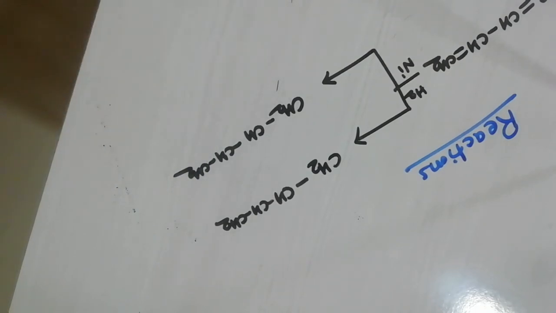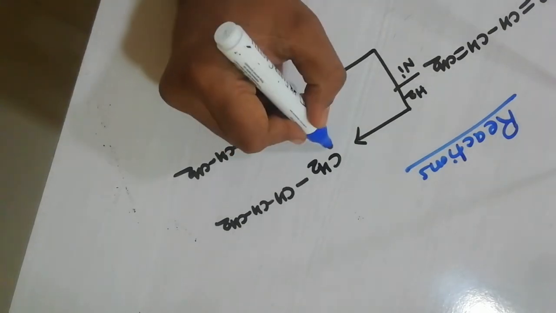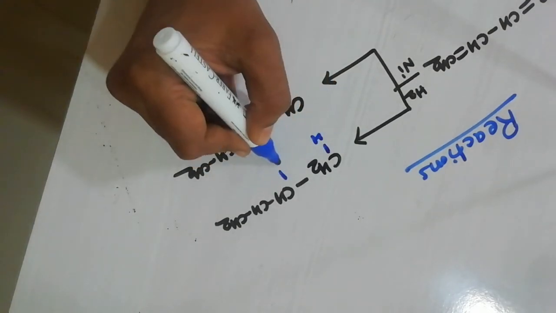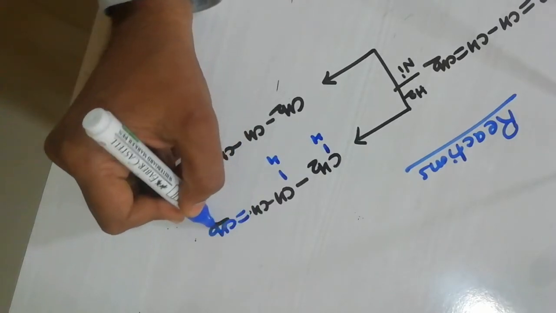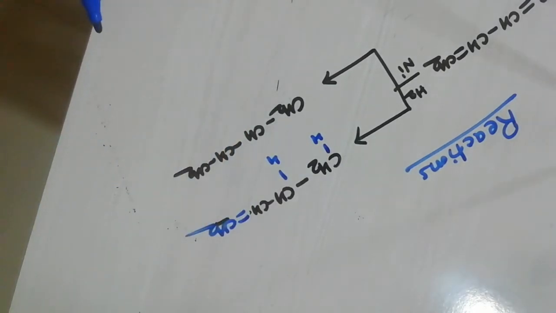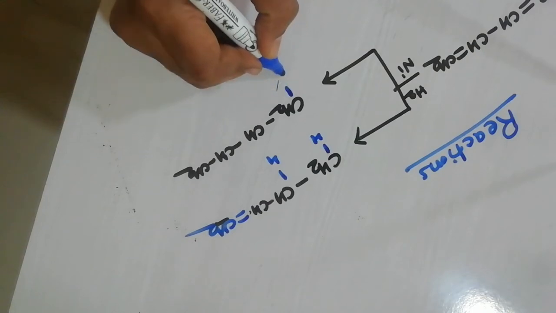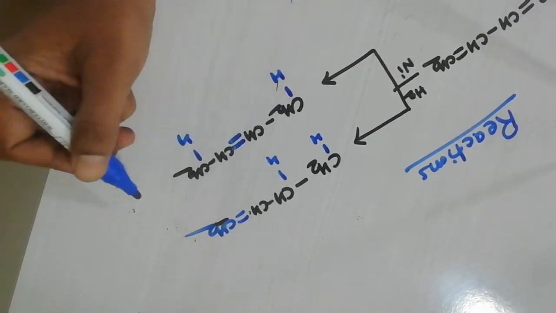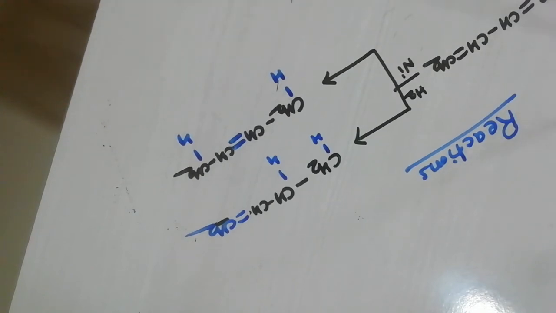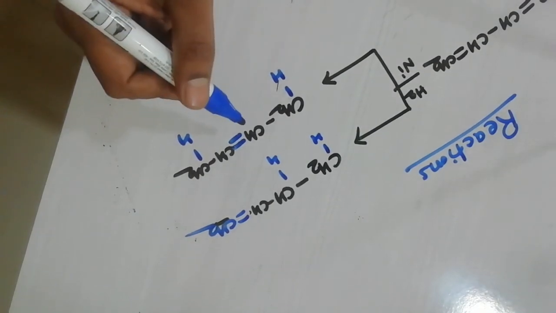Now, I have to add two hydrogens. These hydrogens can be added here and here, maintaining the second double bond as it is. And if it goes to the fourth position, then the double bond will be between carbon number 2 and 3. So, I will get two different compounds, two isomeric compounds.